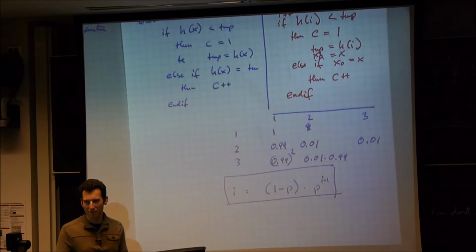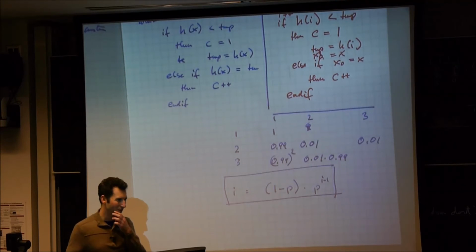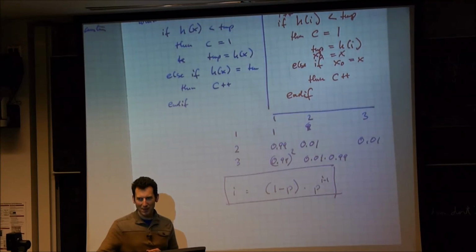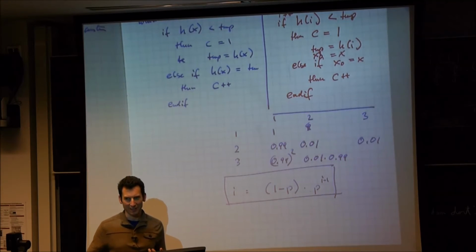Does everybody know what a sufficient statistic is? Who's seen one before? Okay, good. Given that a few hands didn't go up, think of it as a lossless compression of the data.